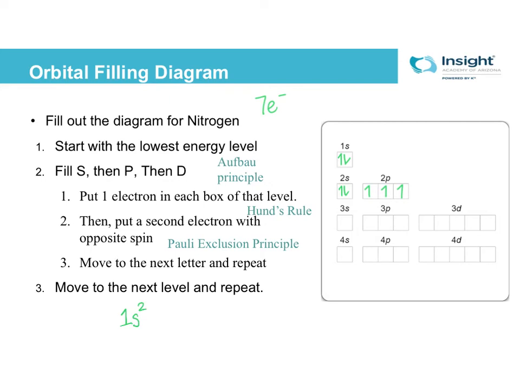Then 2s is the next level we would start filling, and there's 2 electrons in there, so a superscript of 2. And then the next area we would fill is 2p, and we have 3 electrons there. So the shorthand writing of an electron configuration for nitrogen is 1s2, 2s2, and 2p3.